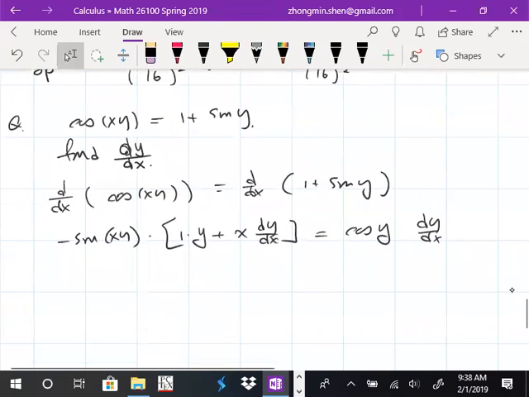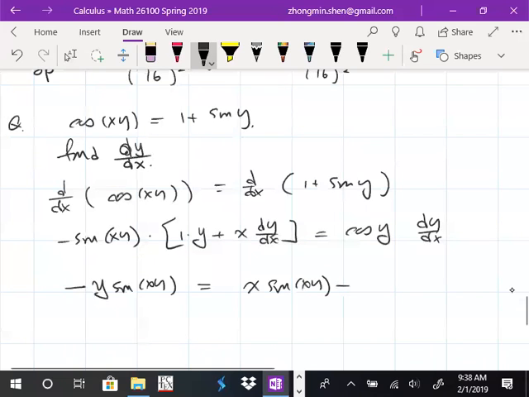So now you get negative y sine of xy, and you move the other term to the right hand side. So this will be x sine of xy and cosine y.